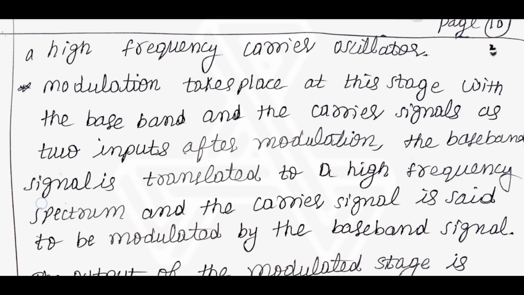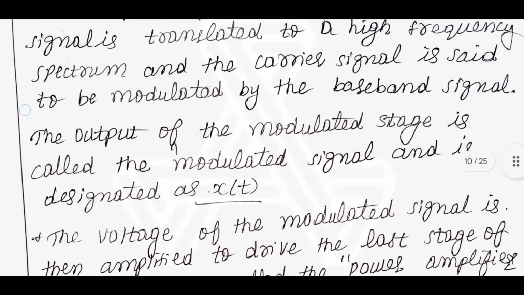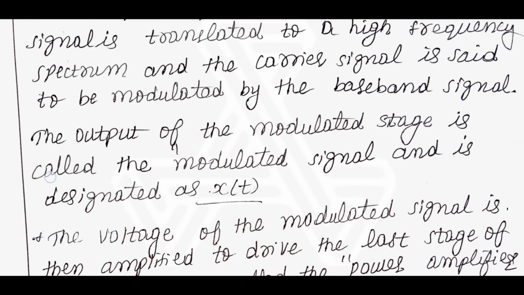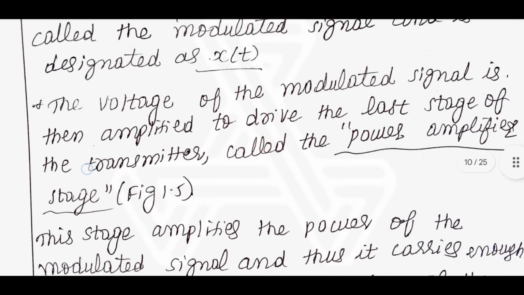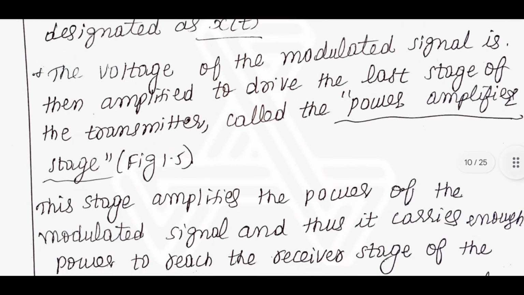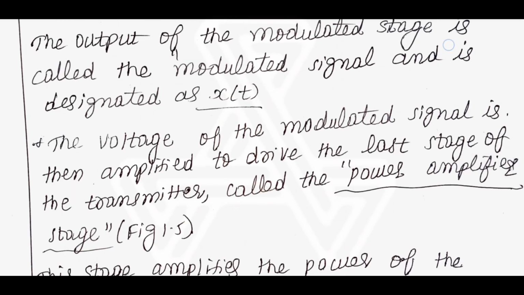With the baseband and carrier signals as two inputs, after modulation the baseband signal is translated to a higher frequency spectrum and the carrier signal is said to be modulated by the baseband signal. The output of the modulator stage is called the modulated signal and is designated as x of t.